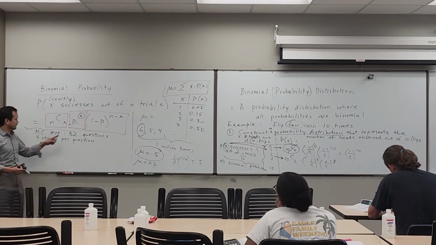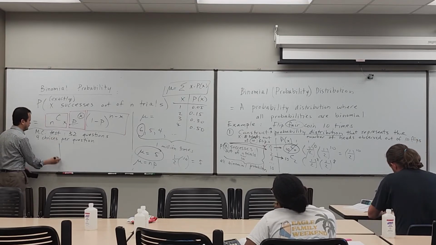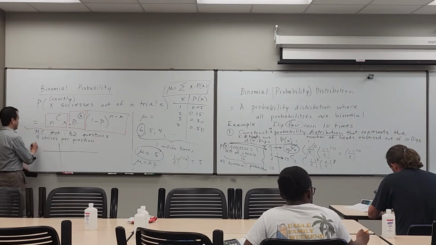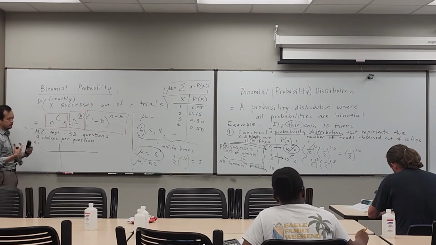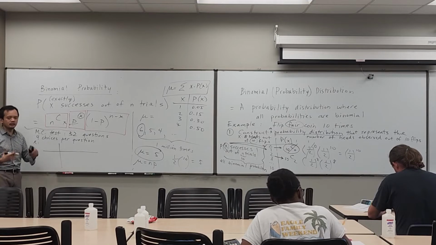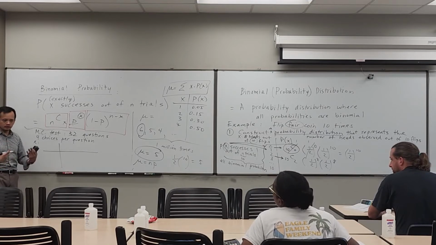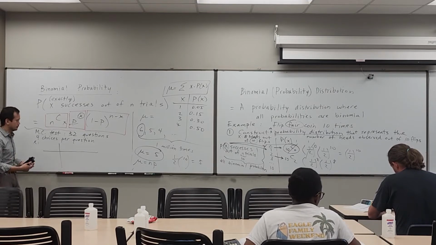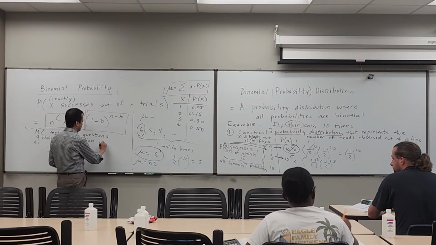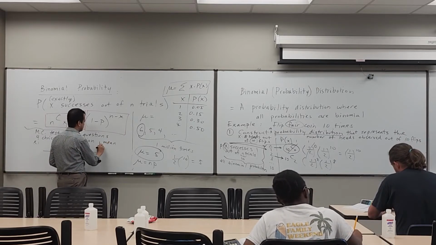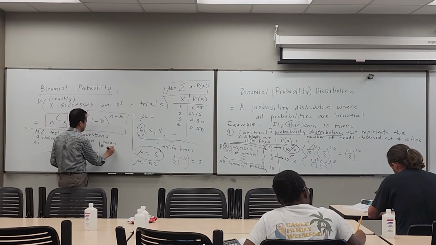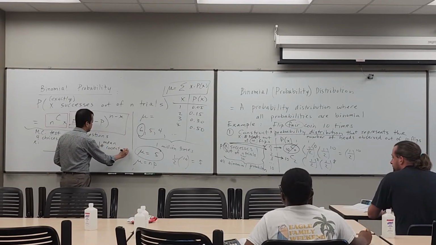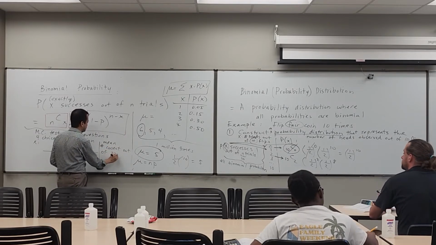So again, you can think of this as your x variable: you're keeping track. You're trying to find the mean number of questions that students are getting right by guessing out of 32 questions.